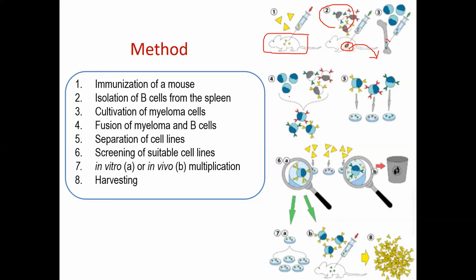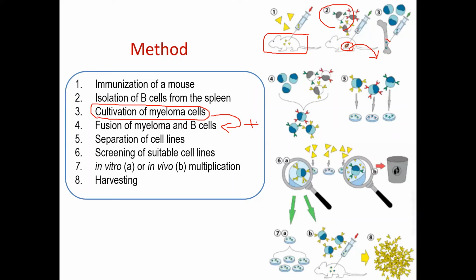Now on the other side, you are cultivating the myeloma cells, which is the cancer cell line, and now you are going to fuse them with B cells, B lymphocytes. You are making a fusion. A very similar thing will happen: some will be fused, some unfused, some badly fused or rightly fused, very similar to what happens in protoplast fusion, or with the competent cells that you make for the genetic engineering lab.